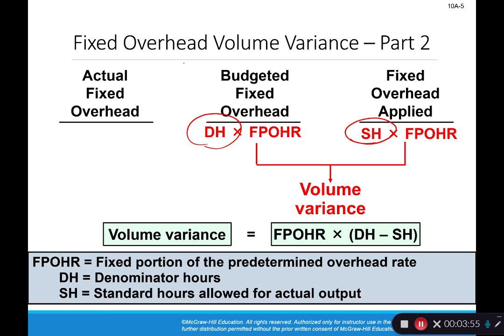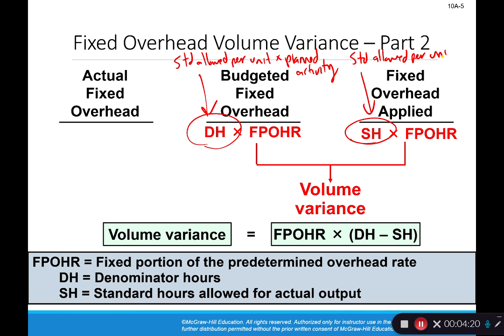Denominator hours are really the standard allowed per unit times planned activity, whereas the standard hours are our SQAP, which is the standard allowed per unit times actual activity. So the only reason there's a difference between the budgeted fixed overhead and the fixed overhead applied is because our planned activity and our actual activity is different.